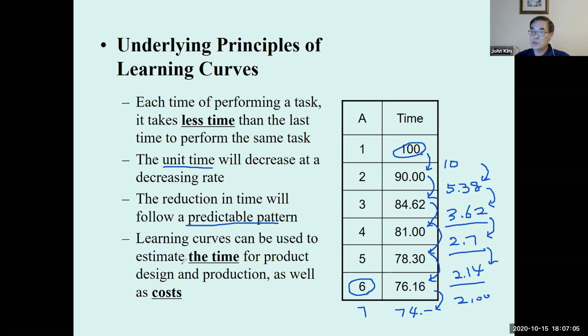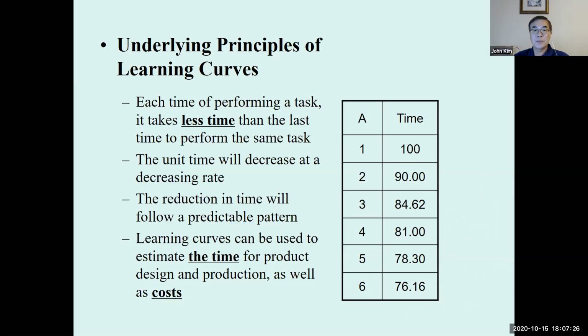A learning curve can be used to estimate production time, service time, and also cost: production cost, service cost, material cost, and so on. That is the learning curve concept.